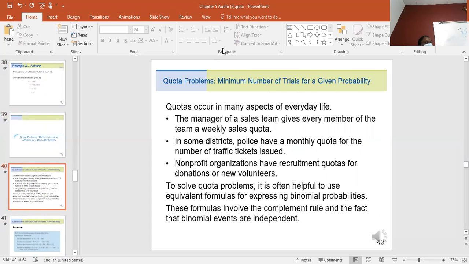In the quota problem, you are given a confidence level for which you should have a certain minimum number of successes. For example, how many courses should you take to be able to pass at least 3 of them? That is what we call a quota problem.